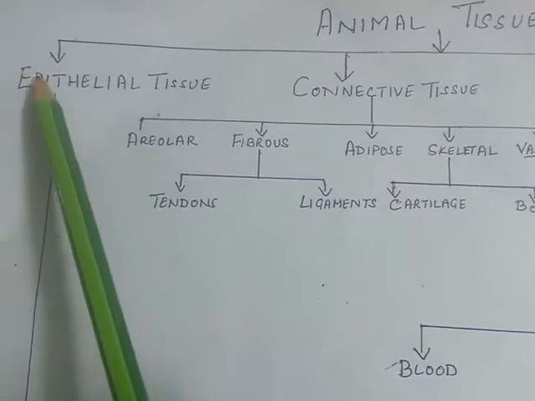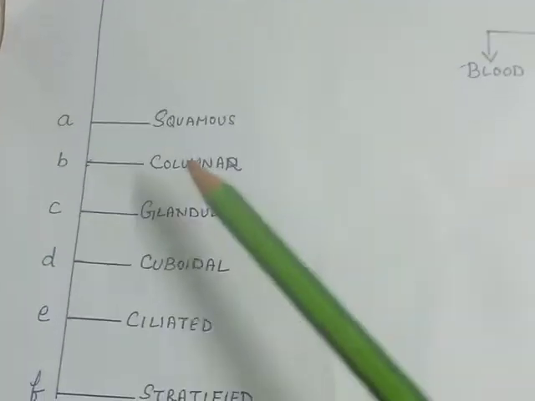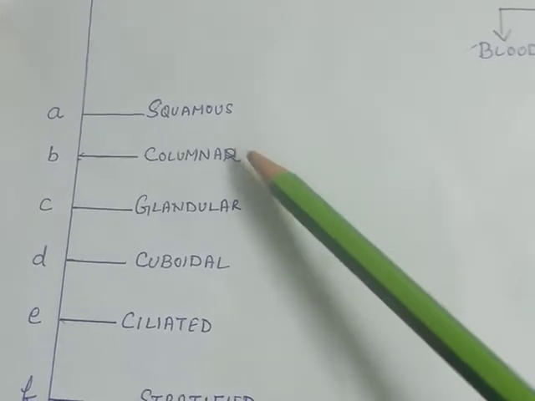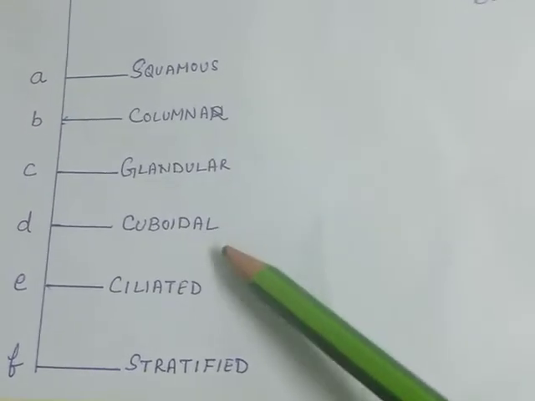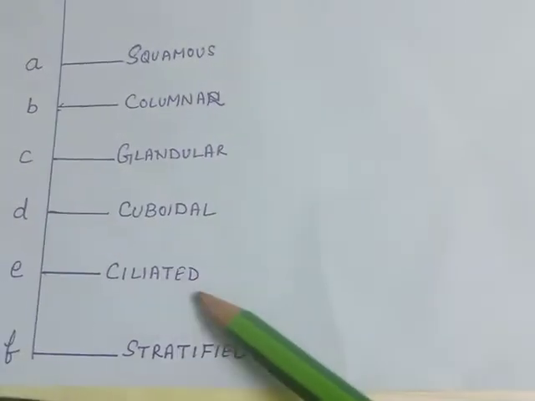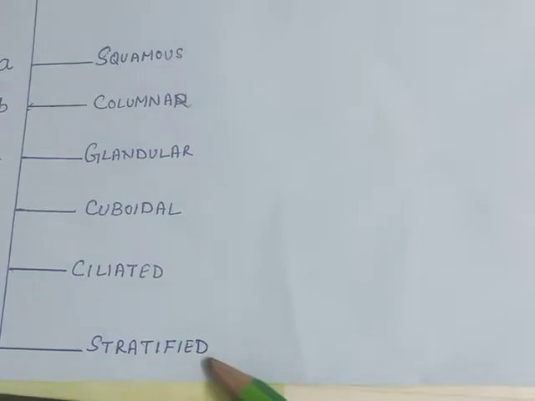And we have studied the different types of epithelial tissue in the previous session, which is divided into squamous epithelium, columnar epithelium, glandular epithelium, cuboidal epithelium, ciliated epithelium, and stratified epithelium.